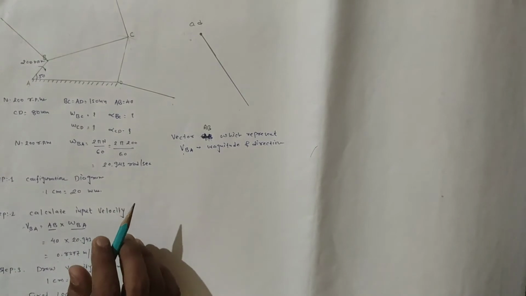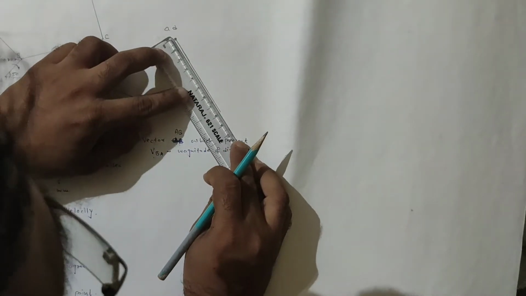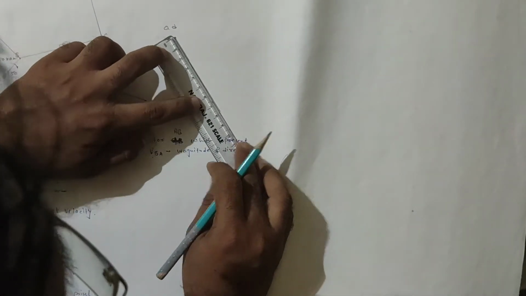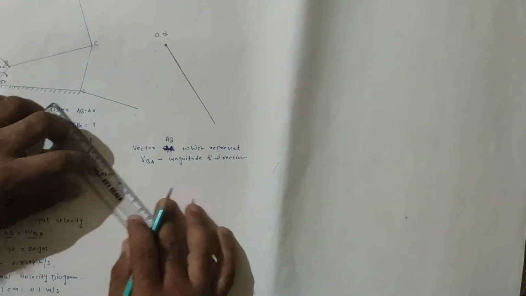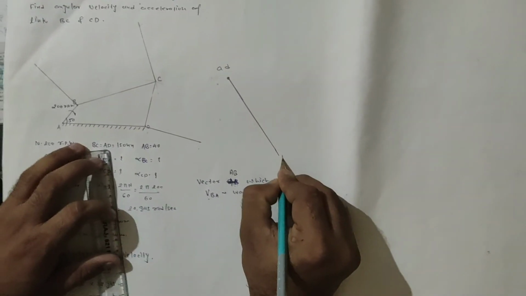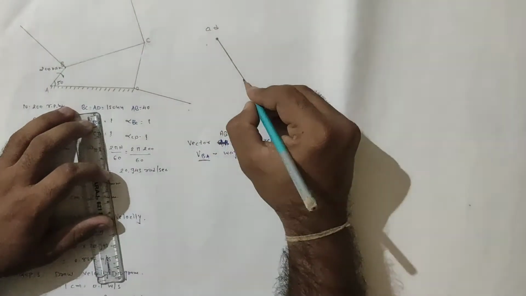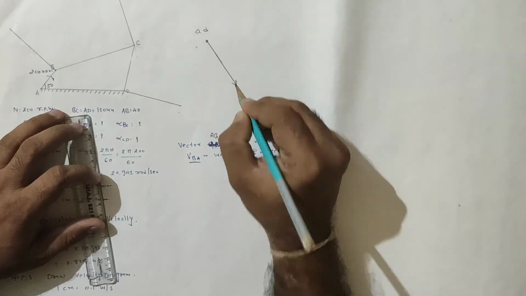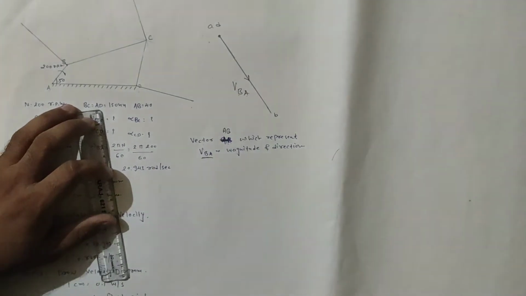So to represent 0.83, we have to draw this dimension up to 8 centimeters and 3 mm. Clear? This point is known as B. So the velocity we have found is VBA, velocity of B with respect to A.